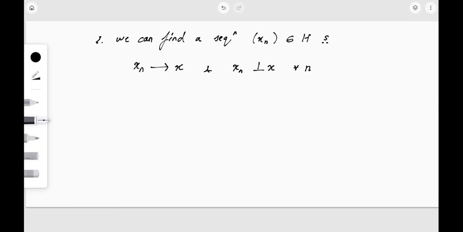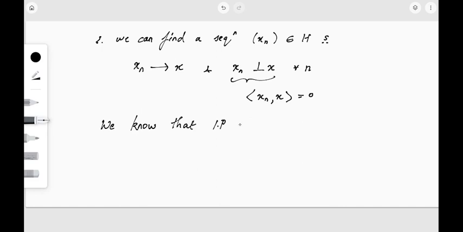Now if xn is orthogonal to x, what can we say? We can say that inner product xn, x will be 0. Now we know that inner product is a continuous function. We had proved that.